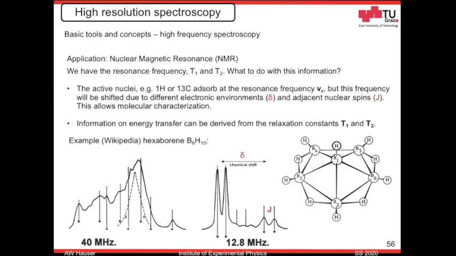Because, for example, if you look at the hydrogen atoms, and if you look at the boron atoms, this is why we had these different frequencies, 40 megahertz and 12.8 megahertz. You will get different structures, and you can see that in one case the spectrum is a little bit more complicated.